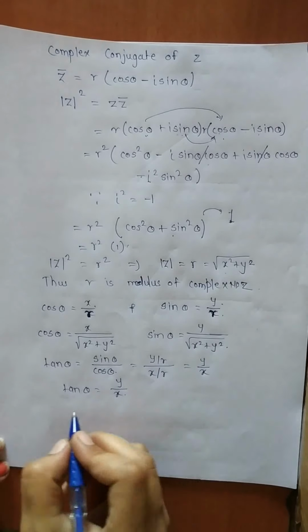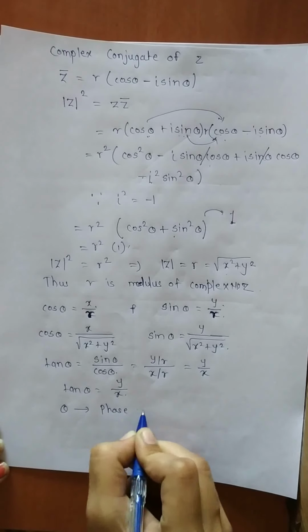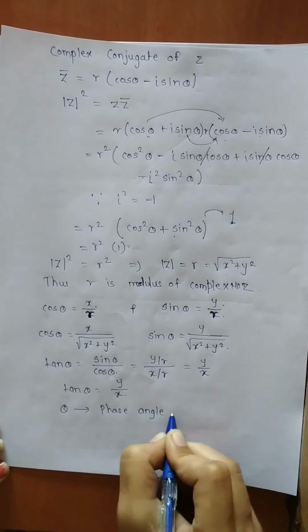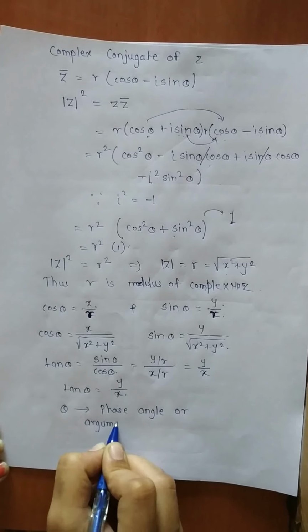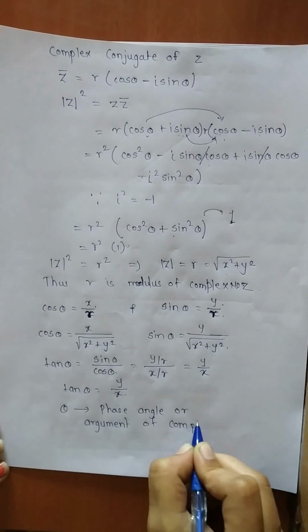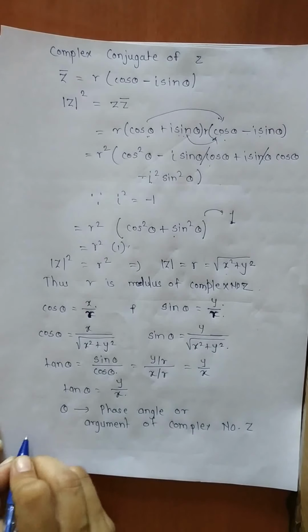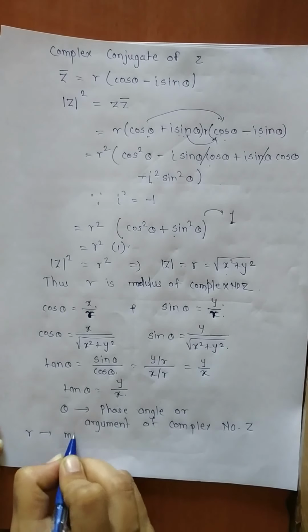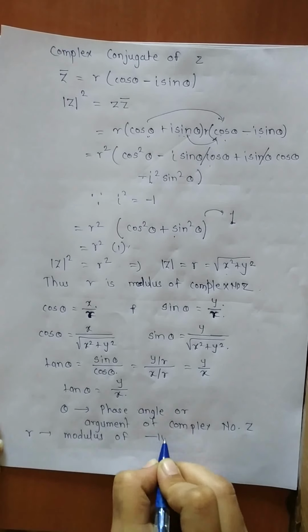This theta is called the phase angle or argument of the complex number z, and r is the modulus of the complex number.